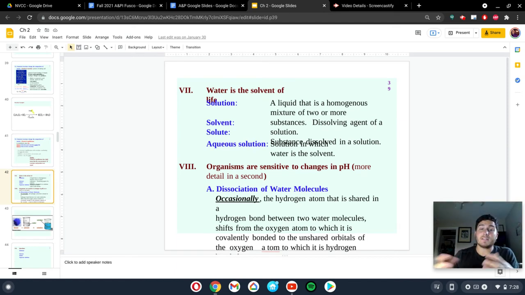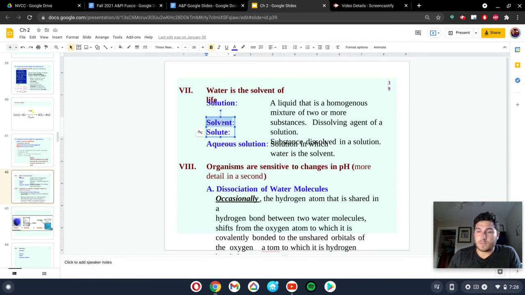If the solid dissolves, that is a homogeneous mixture. How do you make a solution? You need a solvent and a solute. The solvent is the liquid. Most times it's water in this case, but the solvent is the liquid. The solute is the solid. You put the solid in the liquid, you make a solution.